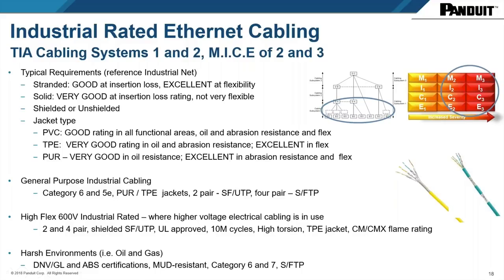But as you start looking at different rated product like TPE and PUR, you will find where you have extreme conditions where a TPE or a PUR jacket will be preferable. When you have high flexing, you have to have different patch cords that can be rated for high voltages around them. All these cables are designed to handle 24 volt, but with the right shielding on the cable, it can be run next to a 600 volt line of power.